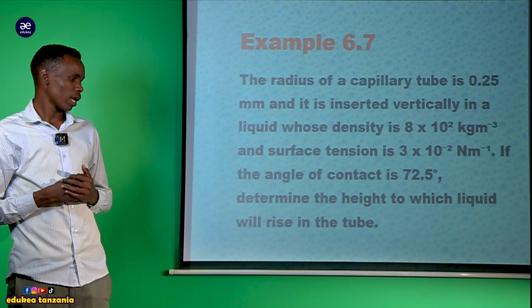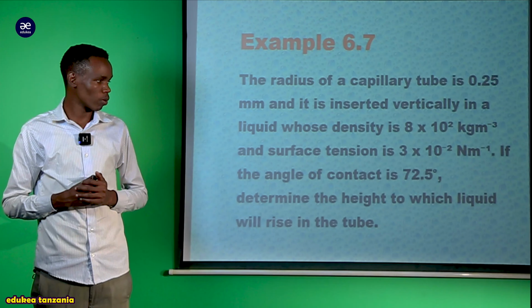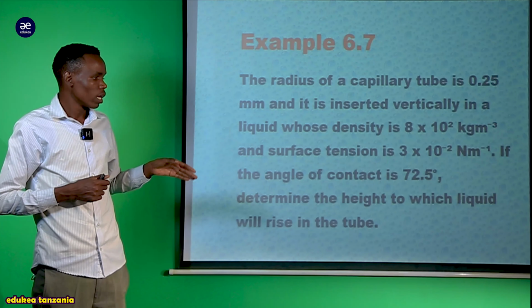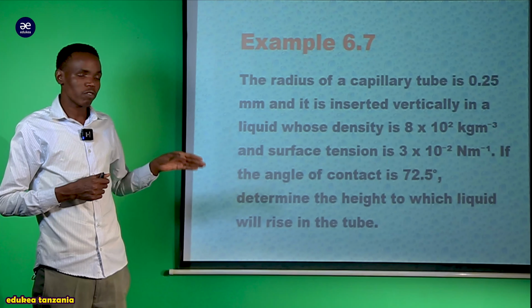After being inserted vertically, the liquid has a density equal to 80 exponent 2 kilogram per meter cube. Now, how can we determine the height of the liquid if the angle of contact is equal to 72.5 degrees, and also the surface tension is equal to 3 exponent negative 2? How can we get the height that makes the liquid rise in the tube?